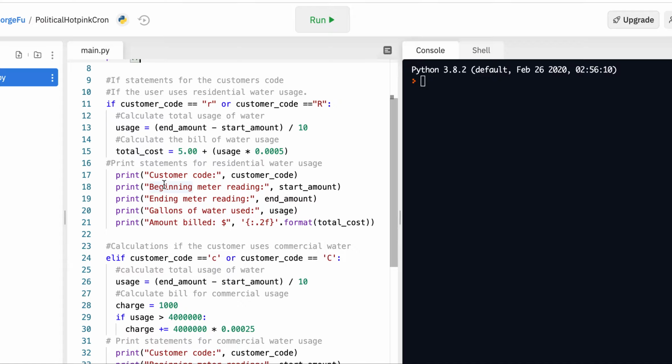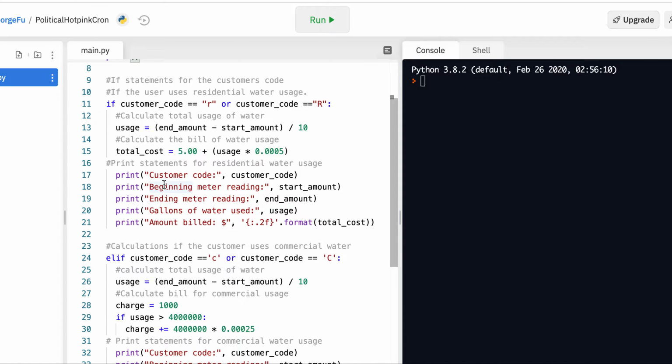Line 13 calculates the amount of water used, which is end amount minus starting amount, then divided by 10, because the gallons specified in the instructions need to be in tenths.